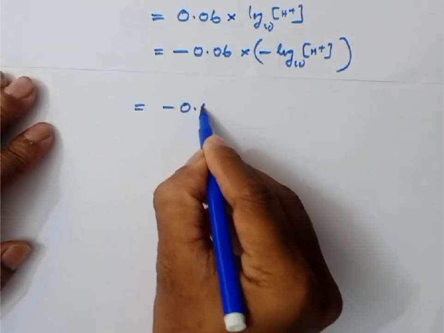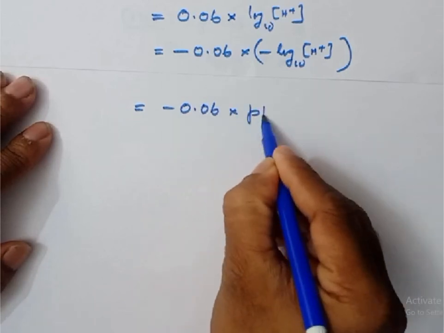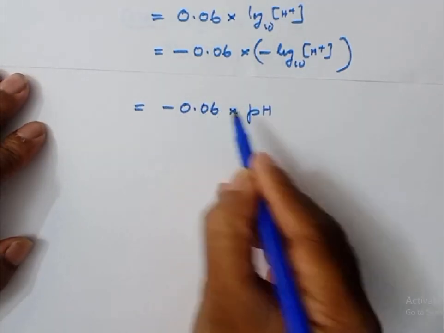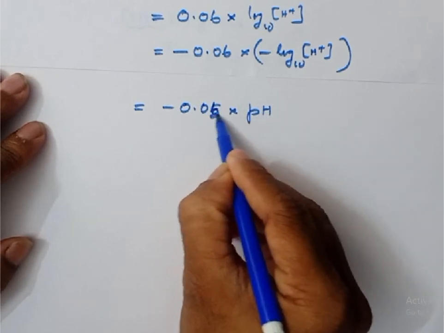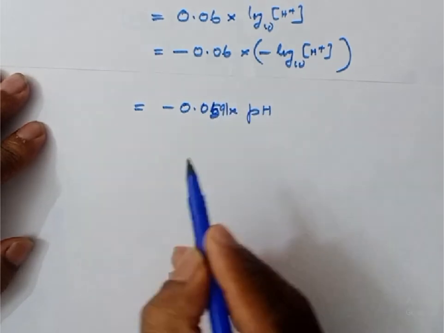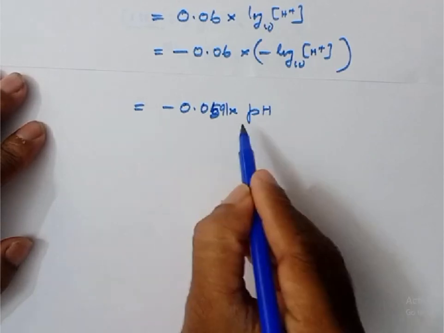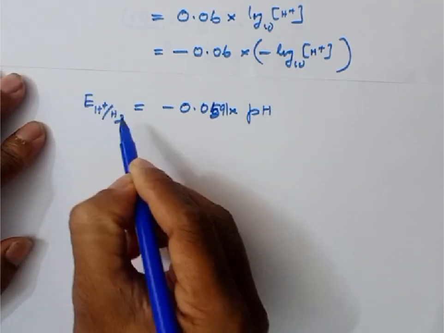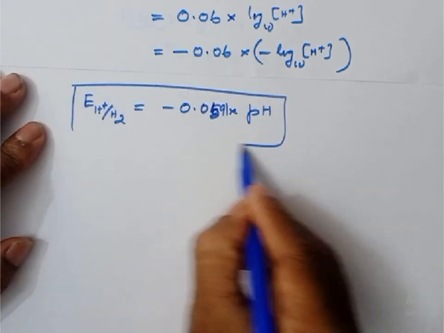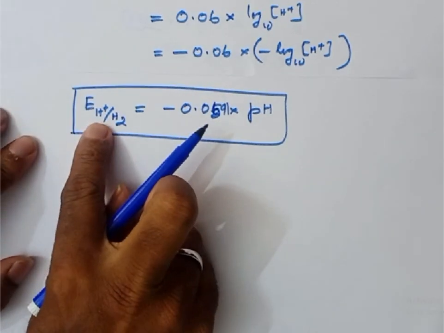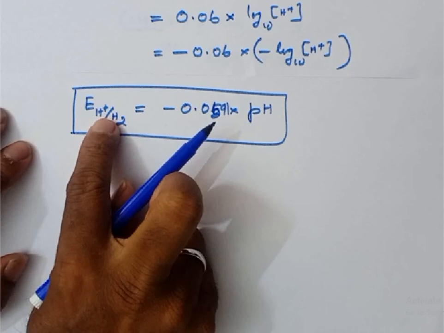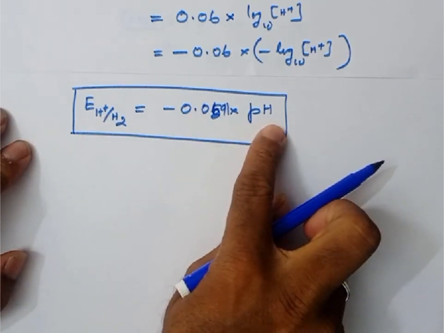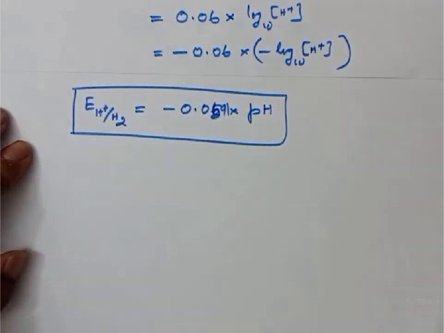Minus 0.06 into pH. Or you can also write 0.0591, nothing wrong in it. That's the exact one, 0.0591 into pH. So students, observe carefully, this is the relation between the hydrogen electrode reduction potential and the pH if the hydrogen electrode acts as a cathode.